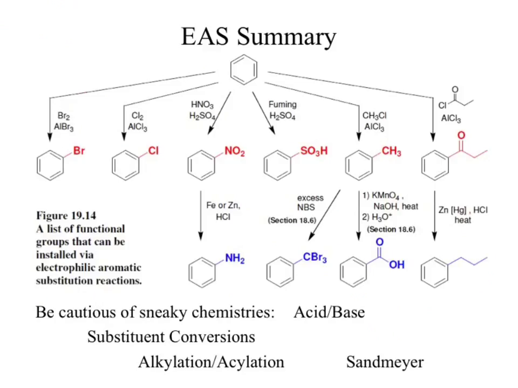So there's our big EAS summary. Be cautious of some sneaky chemistry, and we will talk about these as they pop up. You've got to watch out for that acid-base chemistry potentially sneaking in there and messing with your reactions. Be on the lookout for substituent conversions. For instance, I can do an alkylation by doing an acylation and reducing it.